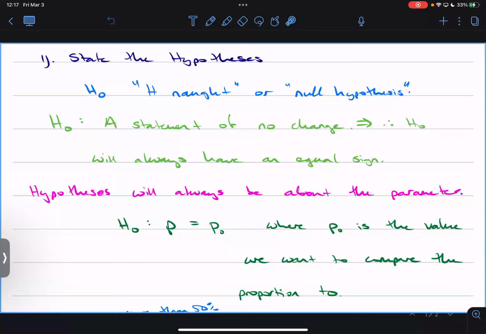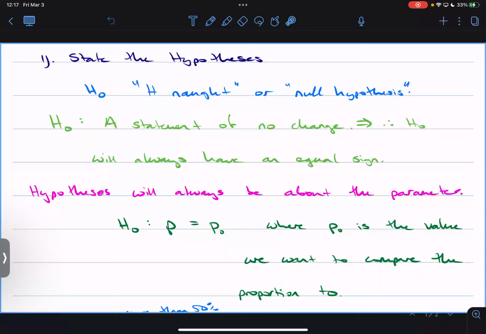All right. So we have our null hypothesis, and like I showed you on the formula sheet, we're going to have our alternative hypothesis. Now, the alternative hypothesis is usually the thing that you want to prove, or disprove. So it's the thing that you're interested in.